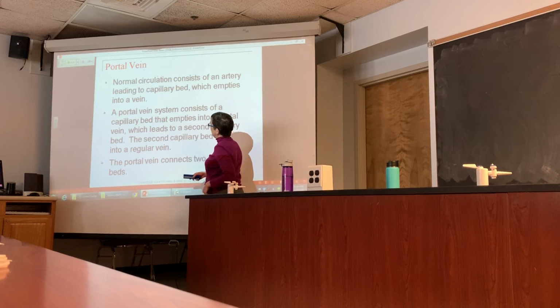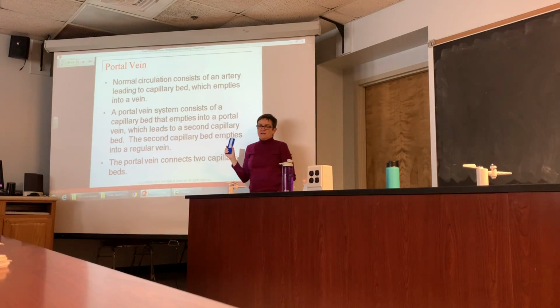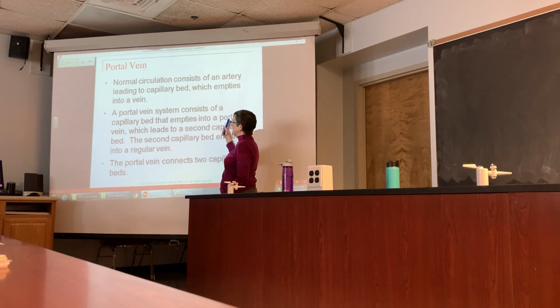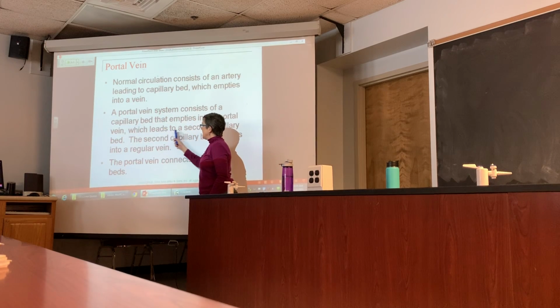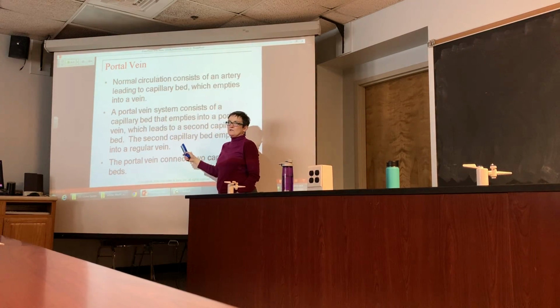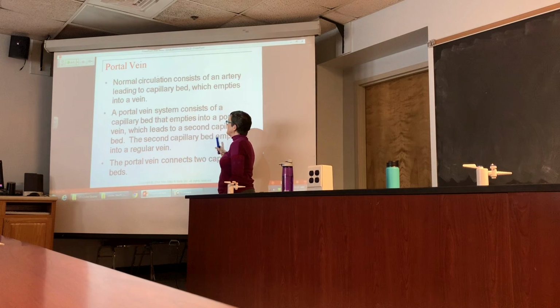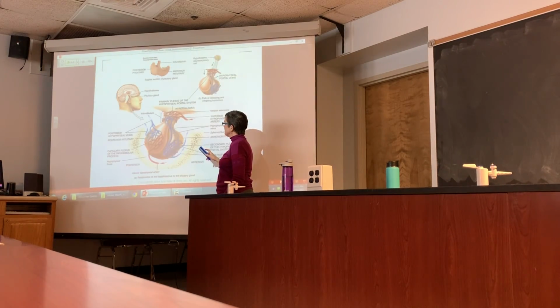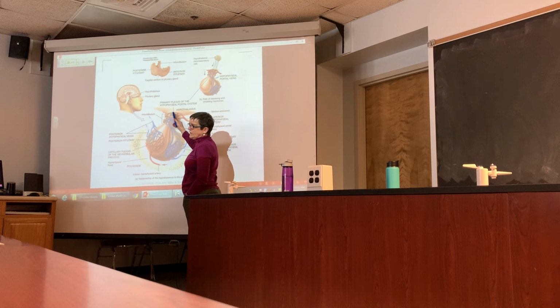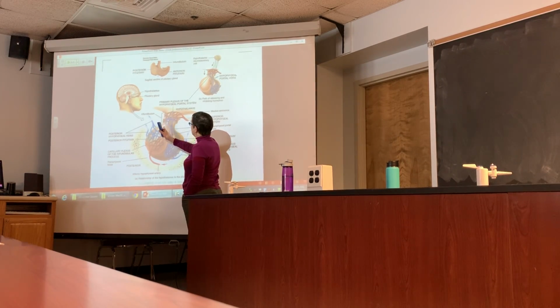A portal vein, and there's more than one in the body, the portal veins are an unusual circulatory pathway in which a capillary bed empties into a portal vein, which then leads to a second capillary bed, and then that second capillary bed empties into a vein, a regular vein. So let's look at this one. The primary plexus picks up releasing or inhibitory hormones from the hypothalamus as appropriate, depending on the situation.